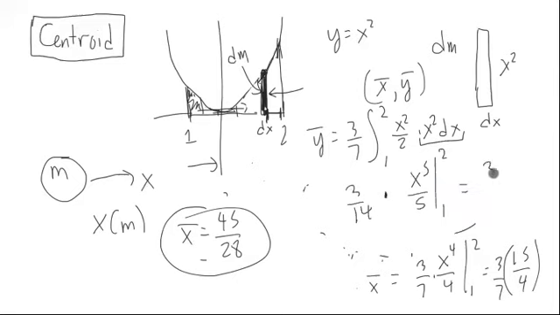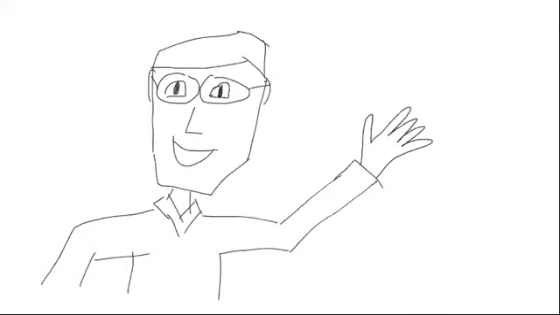So that's equal to 3 times 31 over 5 times 14, which is 70. So we get 93 over 70. Okay, so y bar would be equal to 93 over 70. And so we were able to compute the centroid using this basic idea of average value with respect to this mass variable. Thanks for watching.